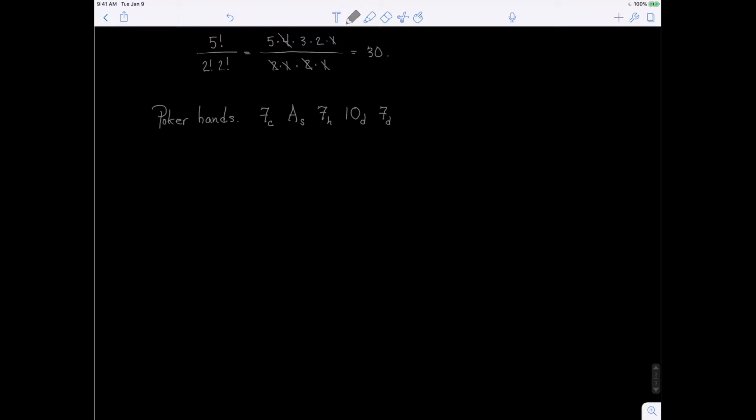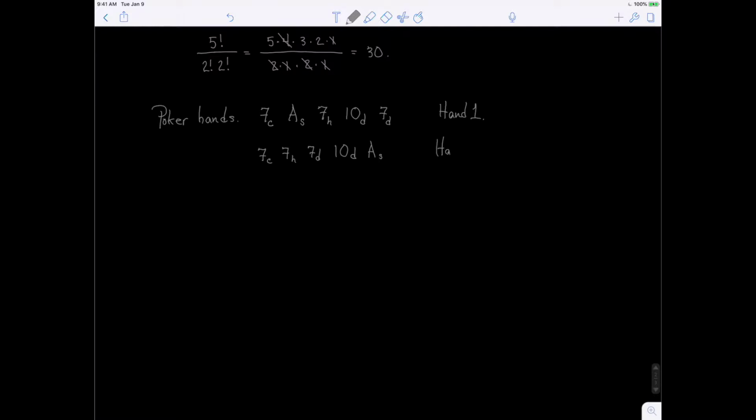Now, if this is the hand you're dealt, you may look at it and be thinking, well, that's okay. But we'll call this hand 1. But you can pick the cards up and you can rearrange them. And let's rearrange them on purpose. Let's notice there are these 7s. 7 of clubs, I have a 7 of hearts, I have a 7 of diamonds, I have a 10 of diamonds and an ace of spades.